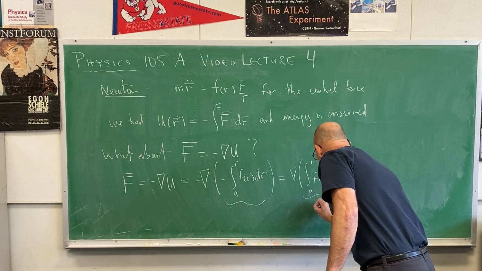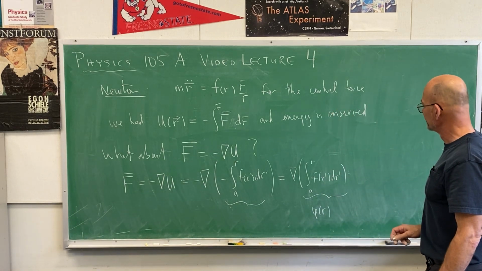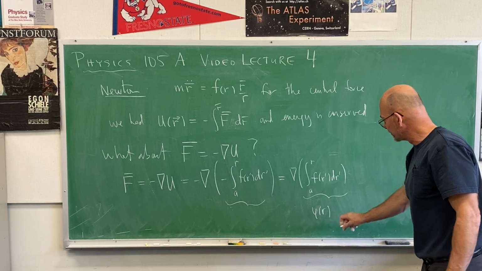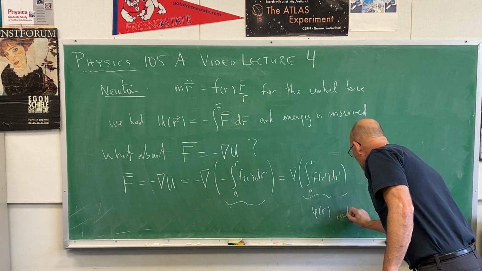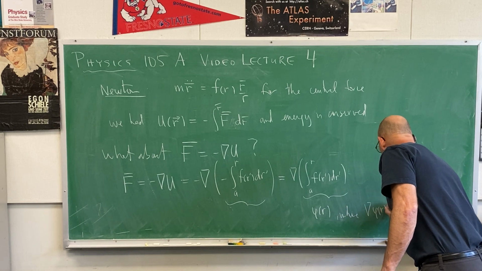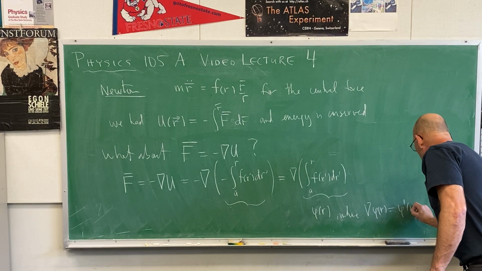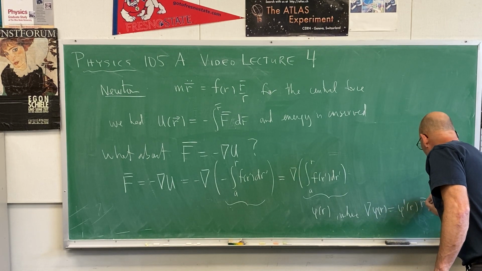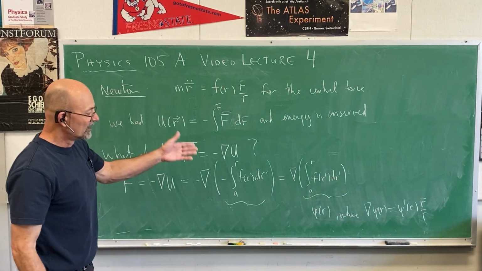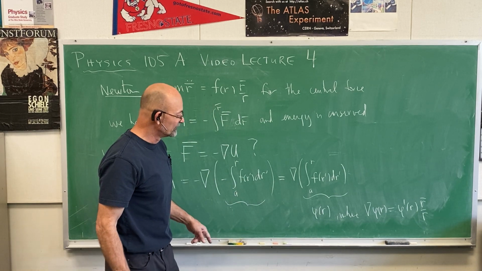Let's just call this phi of R. Okay. And what's the gradient of a function phi of R? Where gradient phi of R is equal to phi prime of R. That's why I assigned that thing on the homework last time. You want to become accustomed to these kind of relations here.